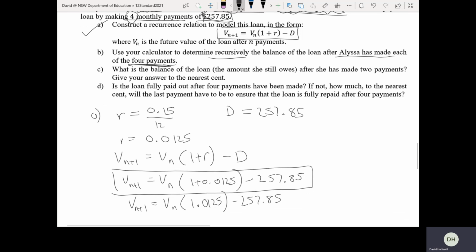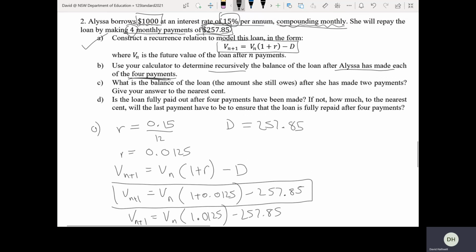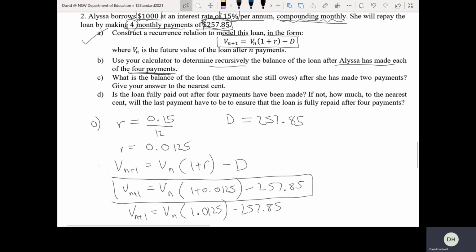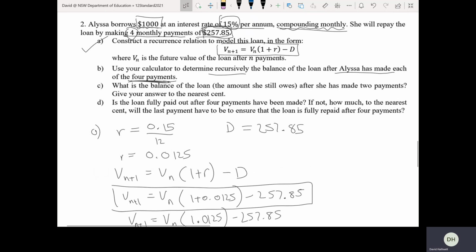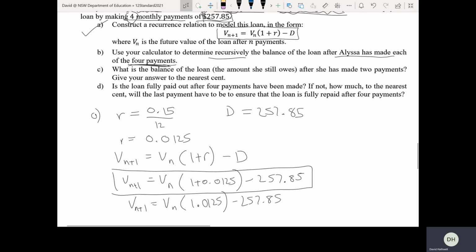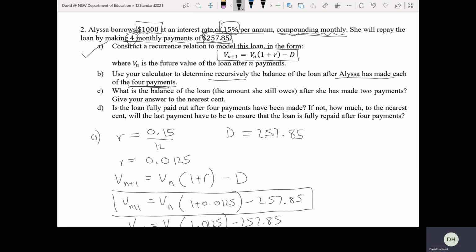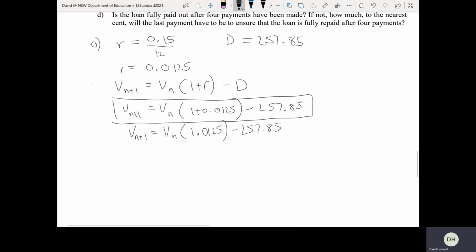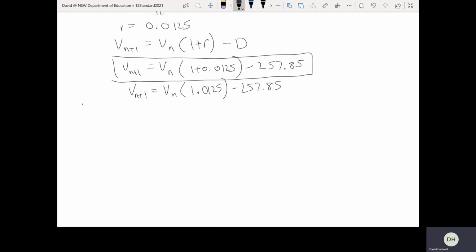Well, remember, V0 is the amount at the beginning before any payments have been made. So before I make any payments, I owe $1,000. So that tells me that my V0 is going to be $1,000.